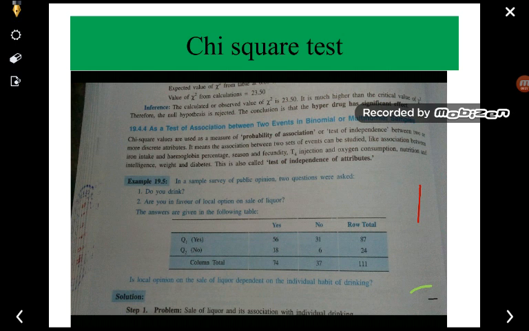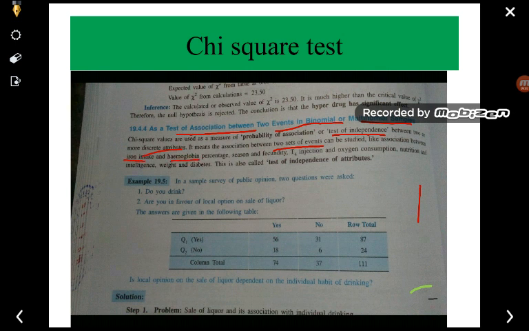Now coming to the problem, that is the test of association between two events in binomial or multinomial samples. Here the chi-square value is used to measure the test of independence between two or more attributes. Two sets of events are studied, like the association between iron intake and hemoglobin.